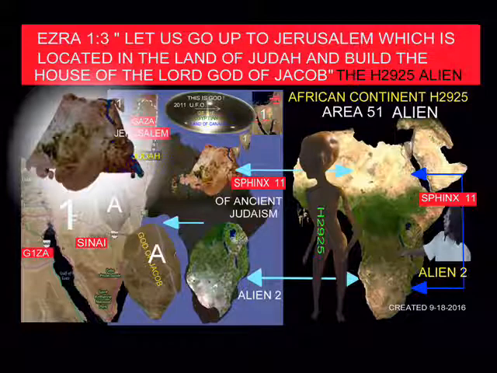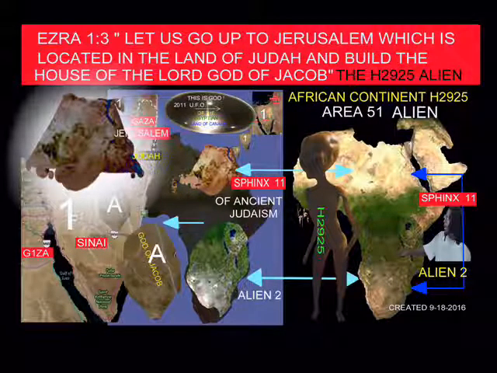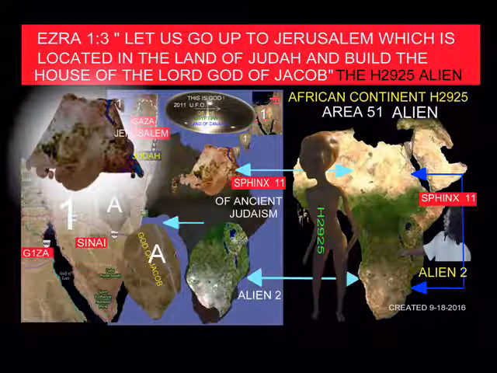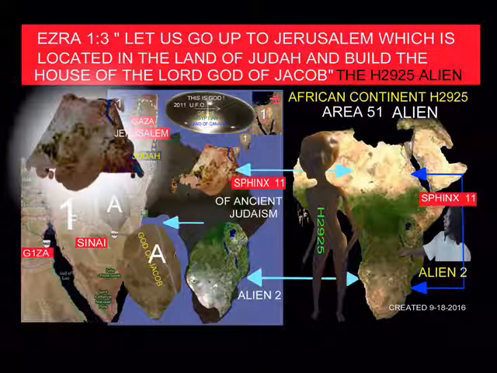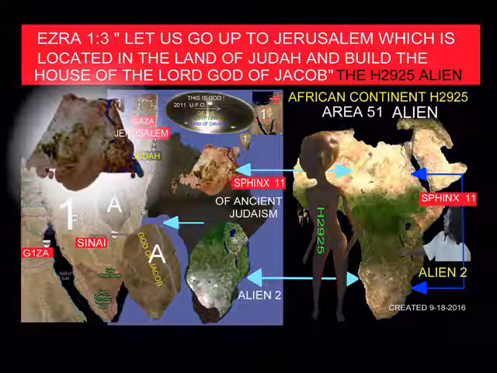And so, when they studied the Islamic Aramaic Dead Sea Scrolls, which turns out to be the language of the area-viewed African continent Sphinx of ancient Judea and Jerusalem, they mistranslated the role of the African continent Sphinx as it relates to him ruling over the book of Genesis, 49th chapter and 8th verse, as the line of the tribe of Judah over all of the 12 African continent tribes.